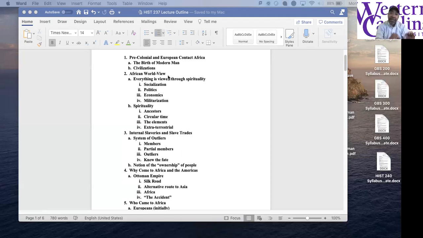So that's why I gave the disclaimer, and I will take on the burden and be very careful not to essentialize these cultures by trying to oversimplify. Although to some degree, some essentialization has to occur for this approach. But keep in mind, this is just broad concepts that we see in many, if not most, African cultures at the time. First, everything was viewed through the lens of spirituality.